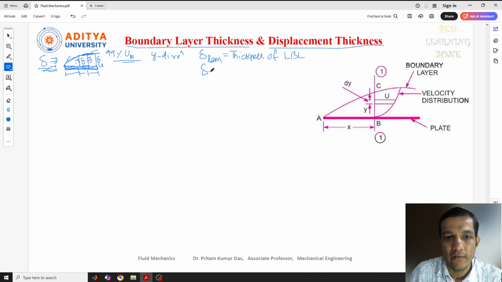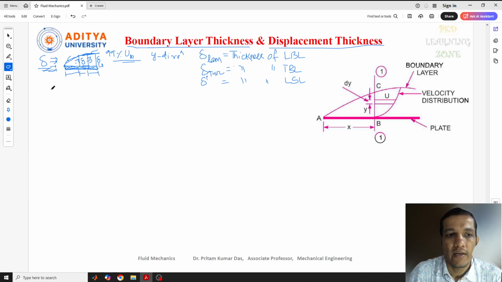Similarly, delta turbulent is the thickness of the turbulent boundary layer, TBL. And one more is the laminar sublayer; we write its thickness as delta dash. These are the notations for boundary layer thickness.